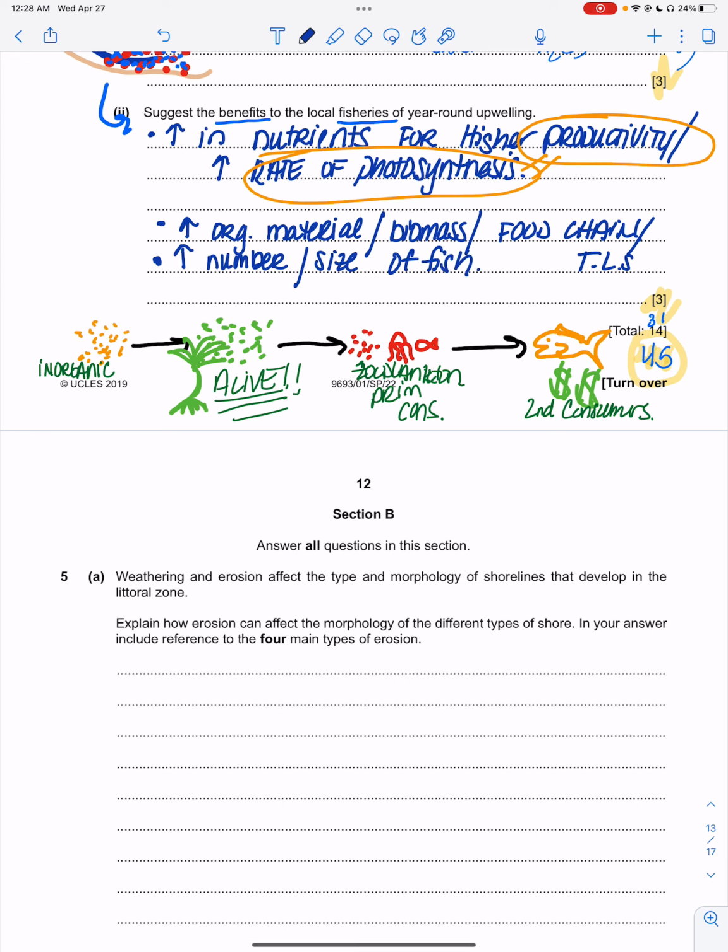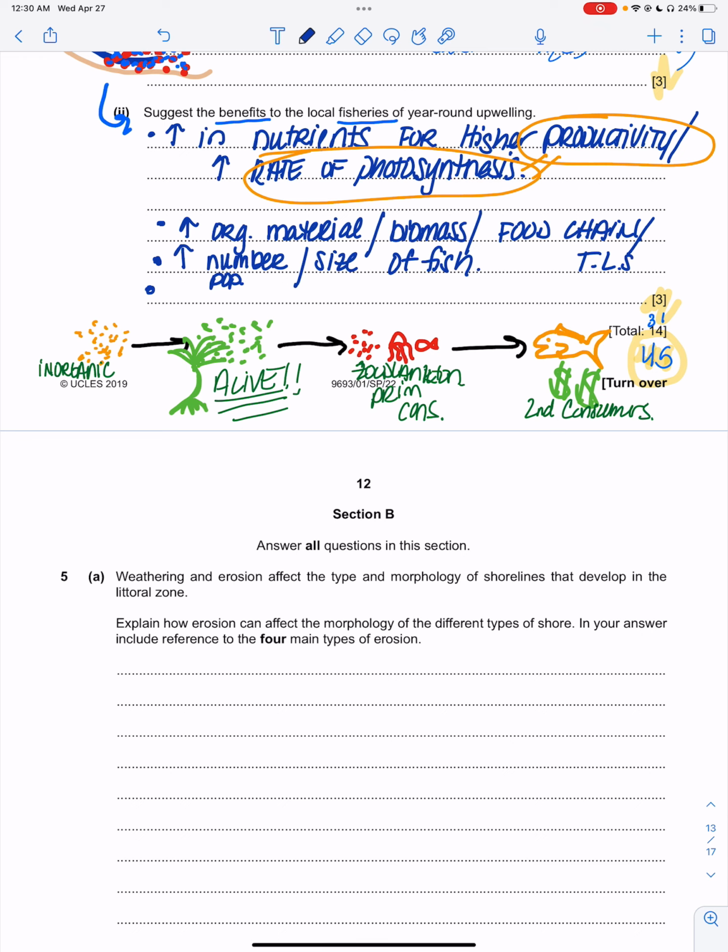So you can also mention you will increase the number, the amount or population of fish, or it's going to increase the size of fish, like they're going to grow bigger because they have more food to eat. Or both, but don't use the word and because you don't want to contradict yourself.